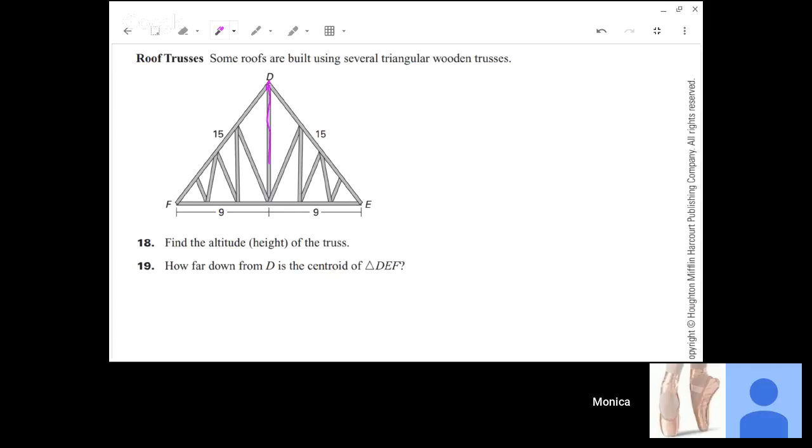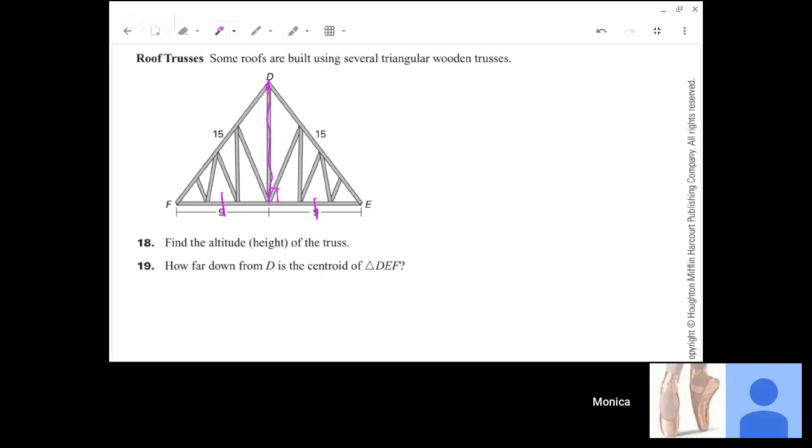Okay, so let's try this. We know that this line, I cannot draw a straight line, is perpendicular, right? And the way that we know that is because we can see that it divides this side into two congruent parts.